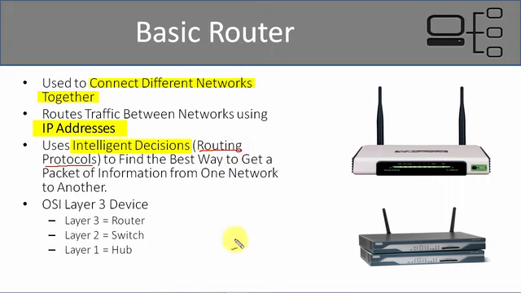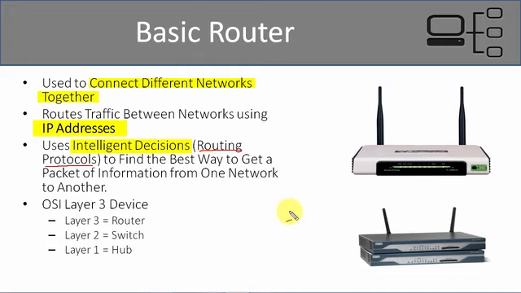And what the routing protocol is going to do, in a nutshell, is find the best way to get this packet of information from one network to the other. And there's different metrics that they can use, and it's going to look at those metrics based upon what protocols are in place, and it's going to say, okay, this is the best way to get here, and this is how I'm going to deliver this information.